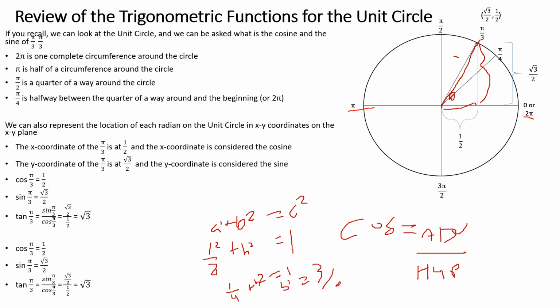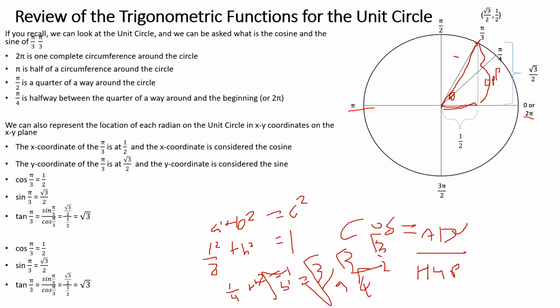And then square root of both sides, and that's the square root of 3 over the square root of 4, which is simply the square root of 3 over 2. The square root of 4 is 2. And that's how we get our y coordinate. This is the opposite of theta, opposite of our hypotenuse.